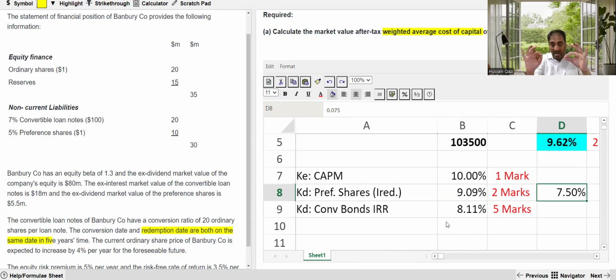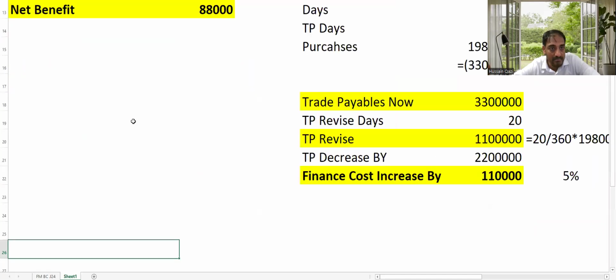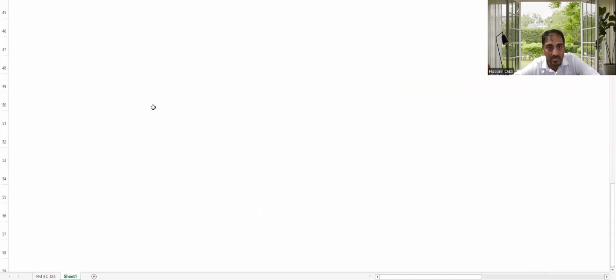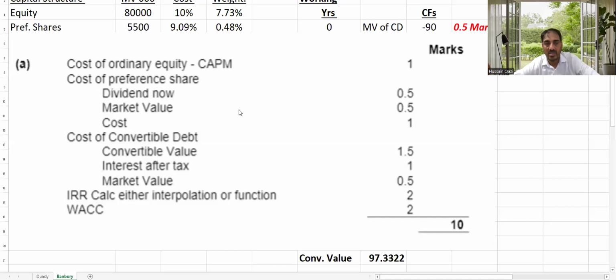The examiner allocates the marks for numerator and denominator. So the first thing is that if you have made a mistake in the numerator, the examiner will give you the mark for the denominator. That's an important thing. Here is the marking scheme.